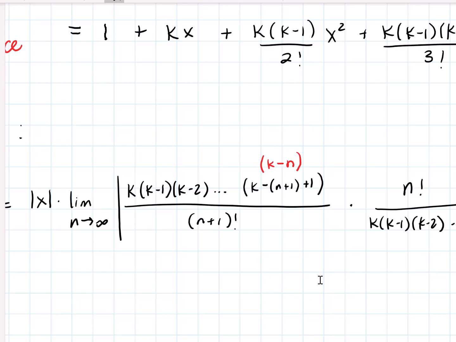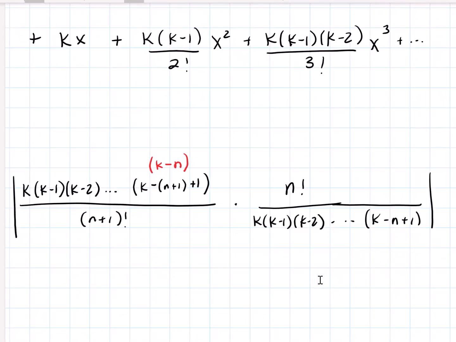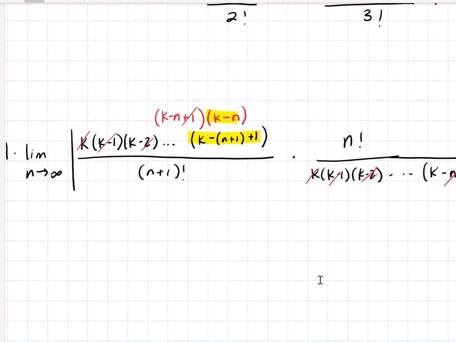in the ratio. Okay, quick note, the factor right before this factor is going to be k minus n plus 1. So just keep that in mind, because when I do my reduction here, everything is going to reduce in this expansion except for this piece, which is those two are equivalent. And in the expansion of the two factorials, there's going to be one extra factor in the n plus 1 factorial from the bottom.